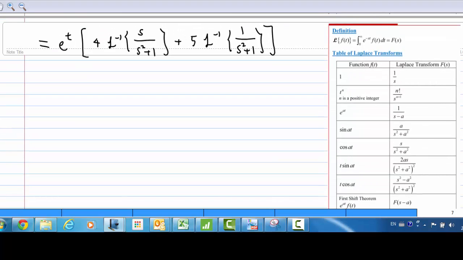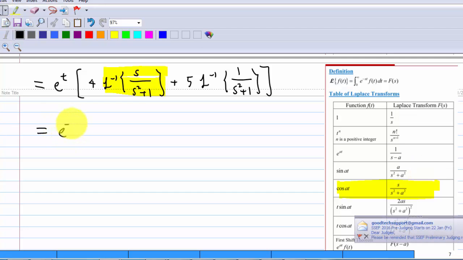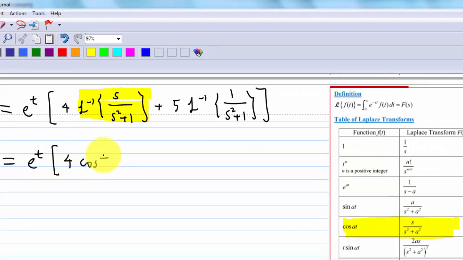And now you take a table. What is the inverse Laplace transform of s over s squared plus 1? You find that the Laplace transform of cosine at is s over s squared plus a squared. So a is equal to 1 now. Therefore, the first term we have is e to the power t times 4 cosine t, where a is equal to 1, plus the second term, the inverse Laplace transform of 1 over s squared plus 1.